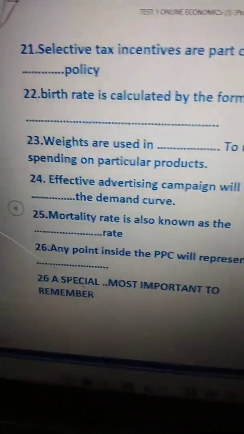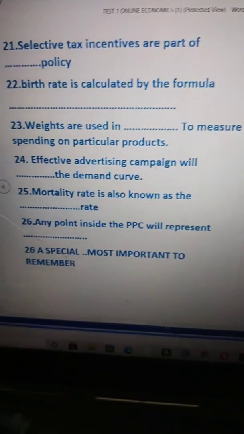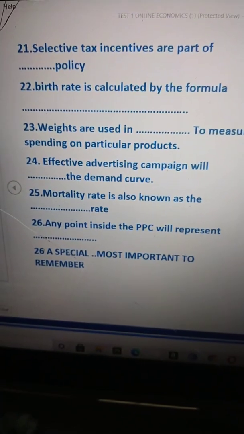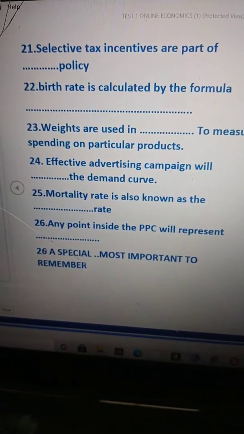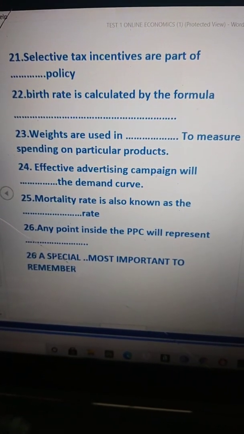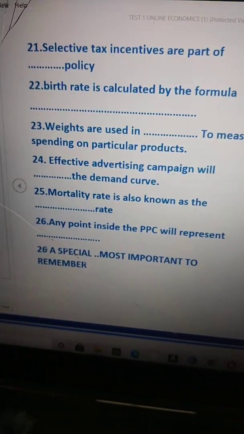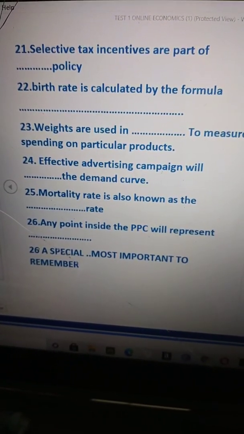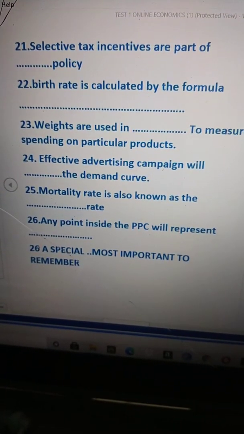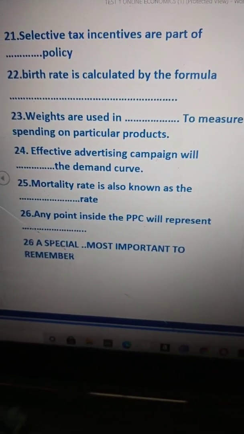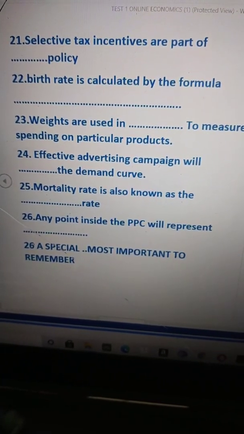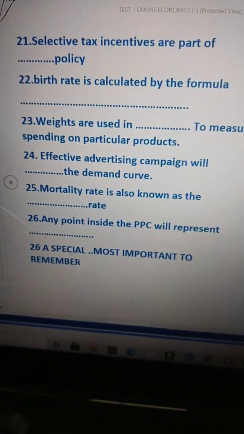Who will tell me number 21? Very good. Supply side policy. Selective tax incentives are part of the supply side policies. That's great.